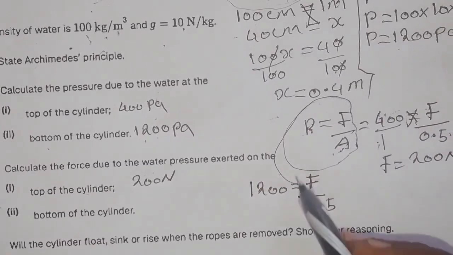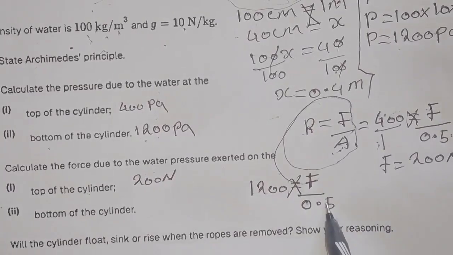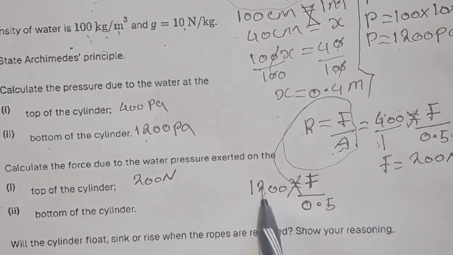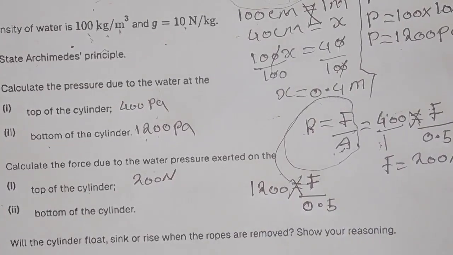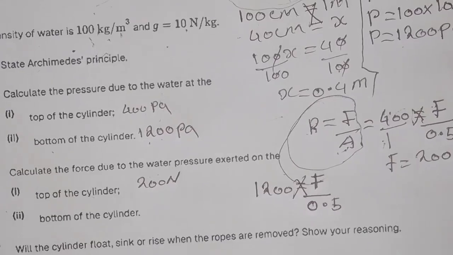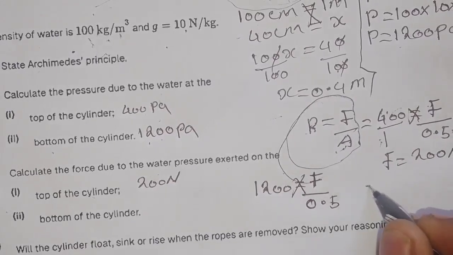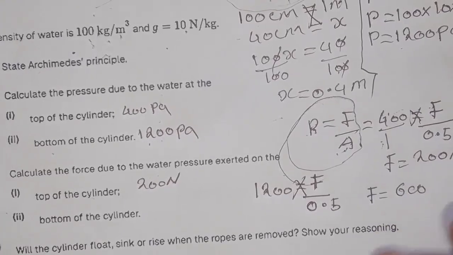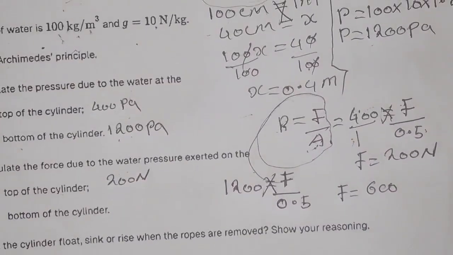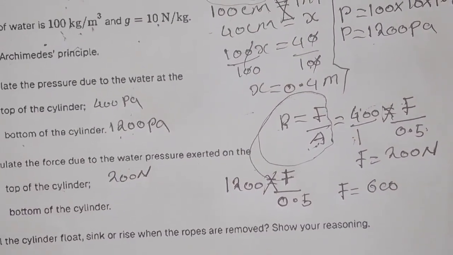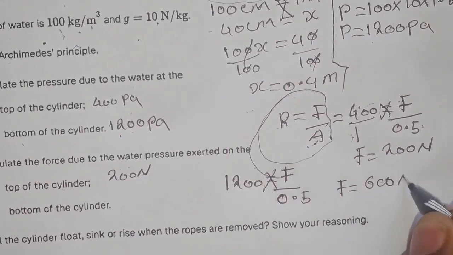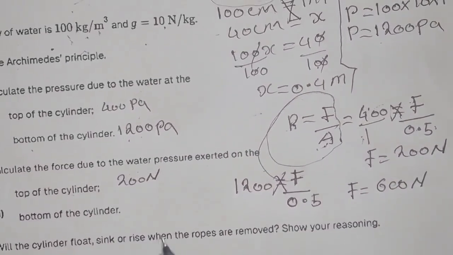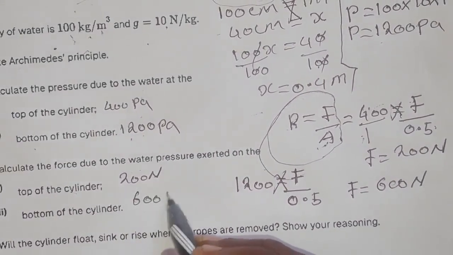Then we'll just cross multiply as usual. 0.5 multiplied by 1200 will give you 600. And so we're going to have force is equal to 600. As usual, you don't forget the SI units in physics. Force is measured in Newton. So here it is, 600 Newton.